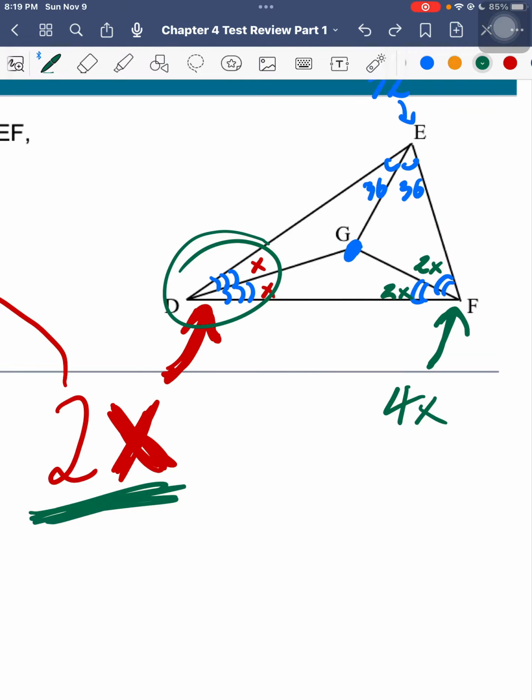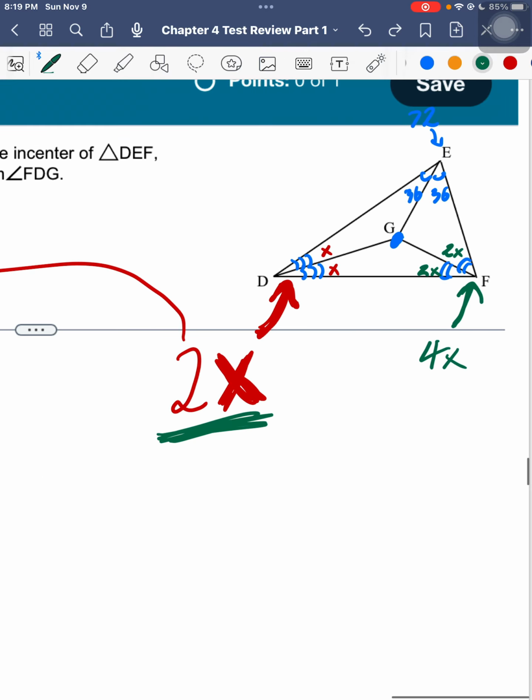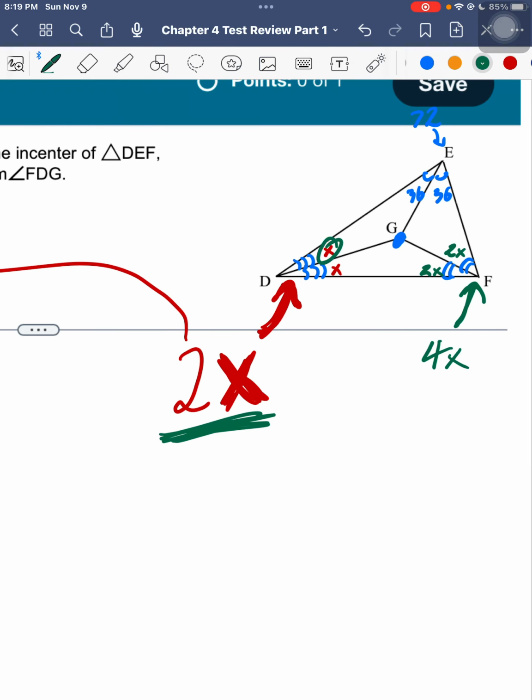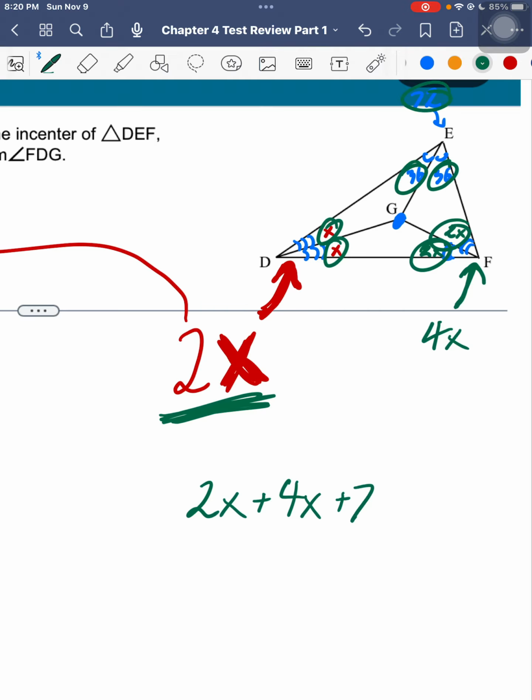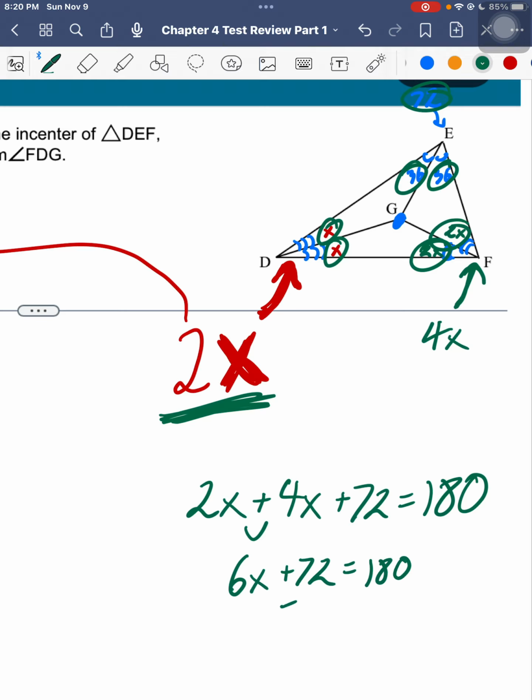So now, in order to find the value of x and subsequently find the value of this whole angle and this whole angle, I'm going to have to use the triangle angle sum theorem. So I'm going to get x plus x, which is just 2x. I'm going to get 2x plus 2x, which is 4x. I'm going to get 36 plus 36, which is 72, and equal all of that to 180. So now, what is 2x plus 4x? That is 6x. Minus 72.